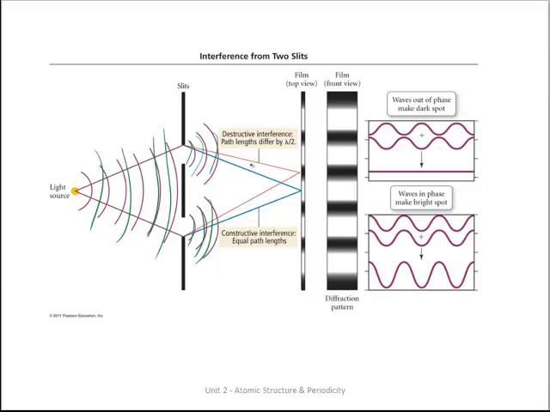Now, as they diffract through the medium, if you put a sort of photographic film or detector, the two waves will travel different distances to reach the same point on that detector.